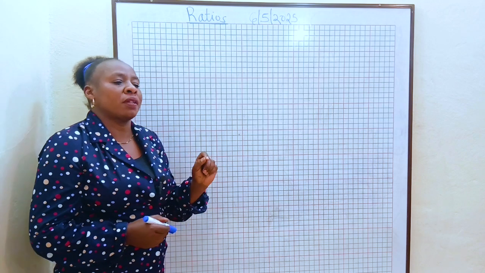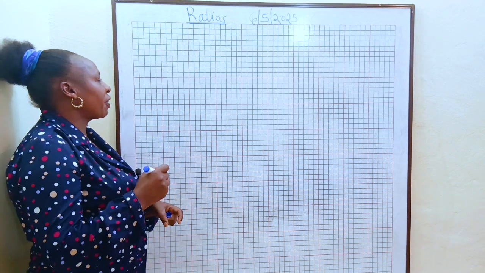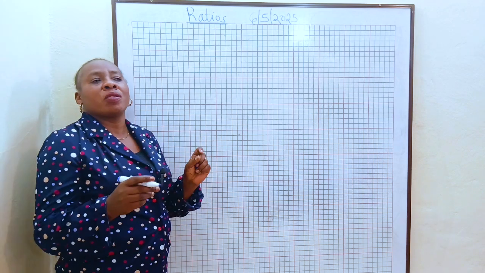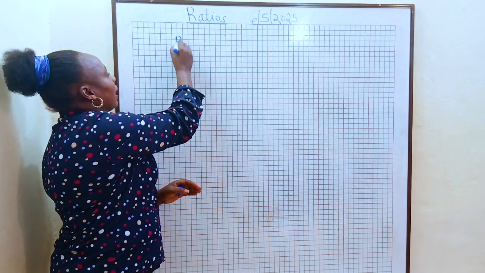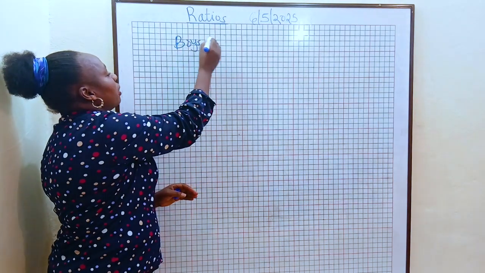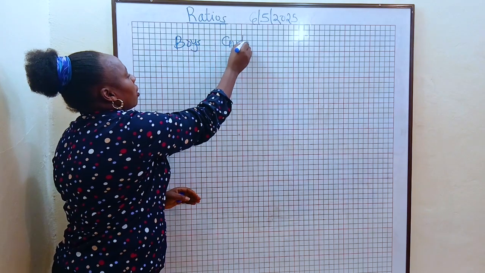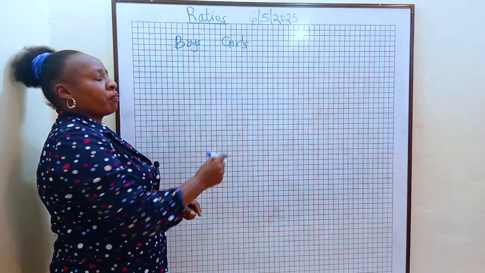What do I mean? We can compare, for example, in a class, we are told that we have boys and girls. So in that class, we can compare the number of boys and girls. Those are two comparisons.